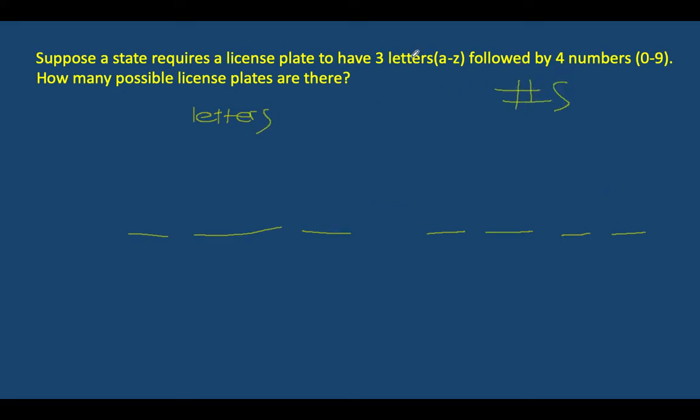Well, let's think here. They don't say anything about they can't repeat, right? It just has to be 3 letters. So we have to think, how many letters are there? There's 26. So for my first 3 slots, how many possibilities do I have? 26. Well, here they don't say we can't repeat numbers or letters. So I'm going to write 26 again. And then 26 here as well.